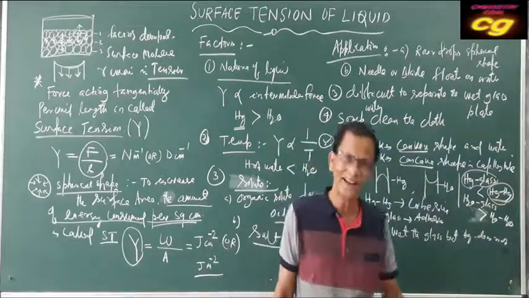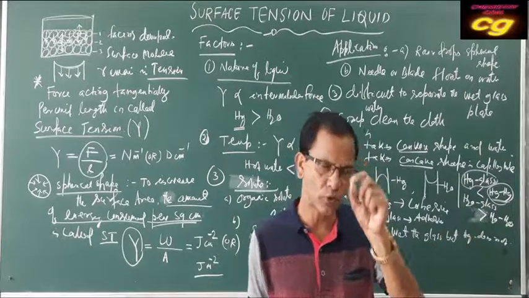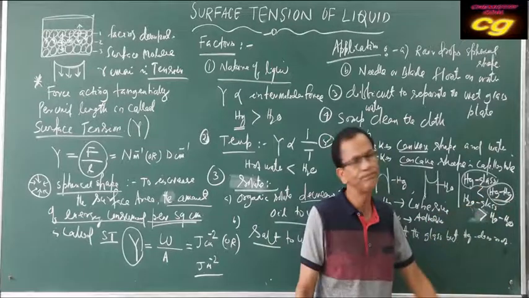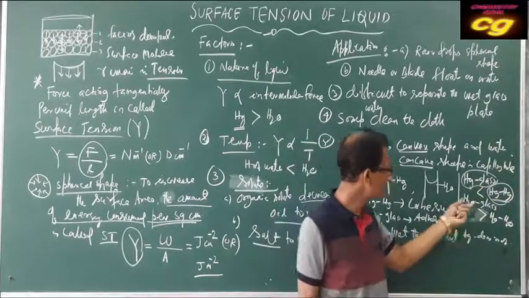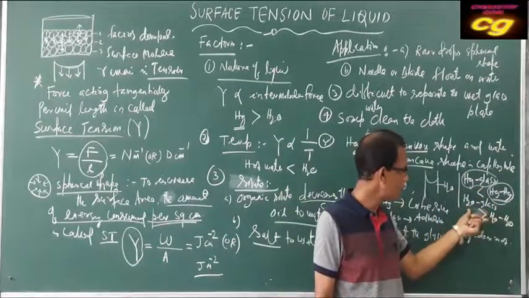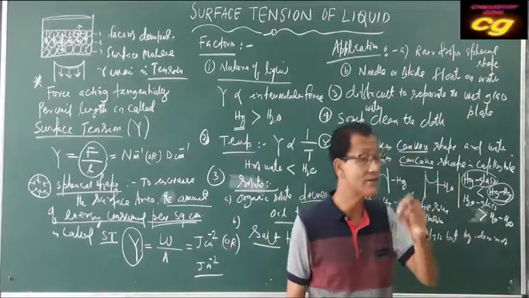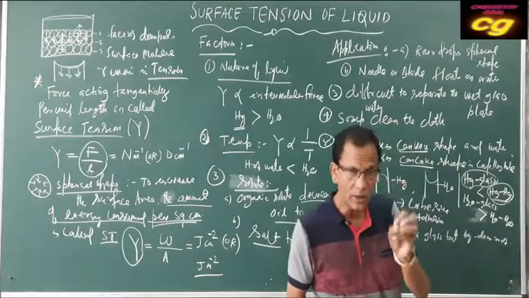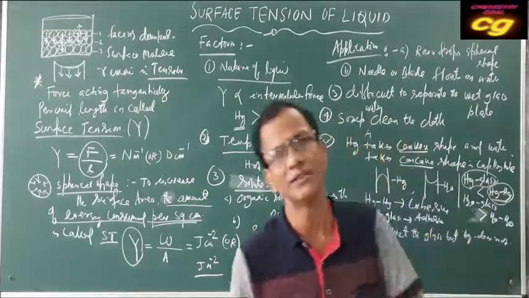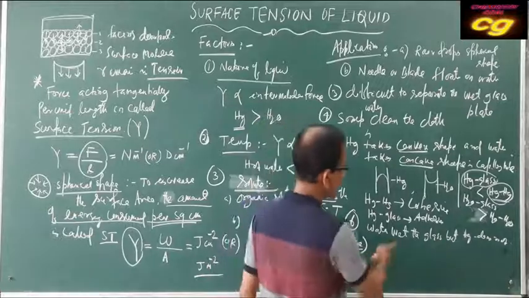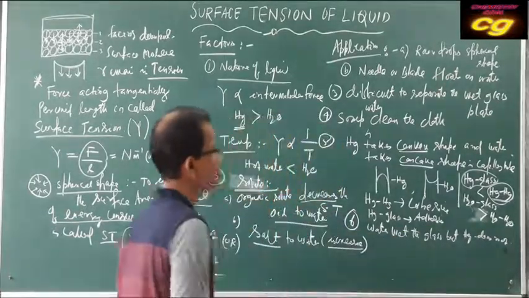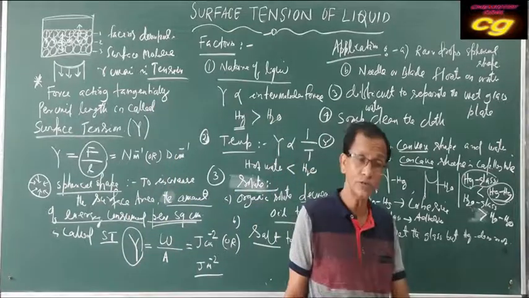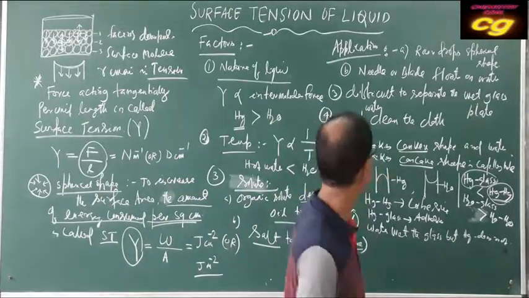It will not stick to the glass. But in the case of water and glass, water and glass interaction is more compared to water and water. That's why the water drops stick to the glass. So this is the difference. Water wets the glass, but mercury does not. That's why we use mercury in the thermometer, because mercury cannot wet the glass.